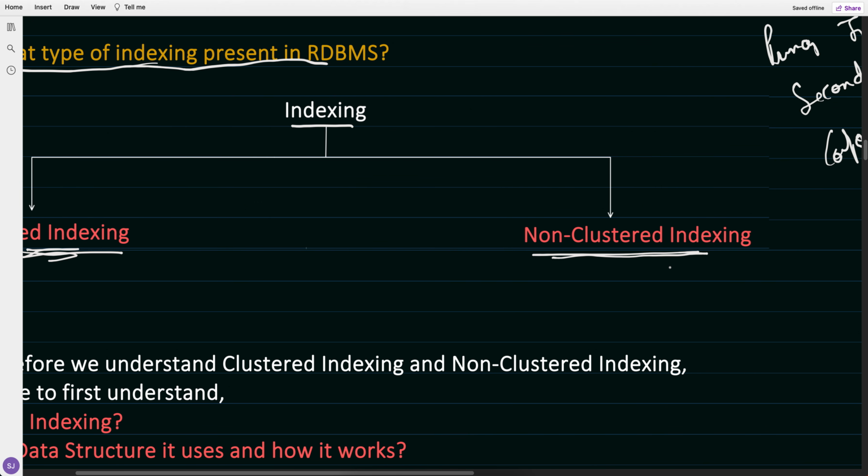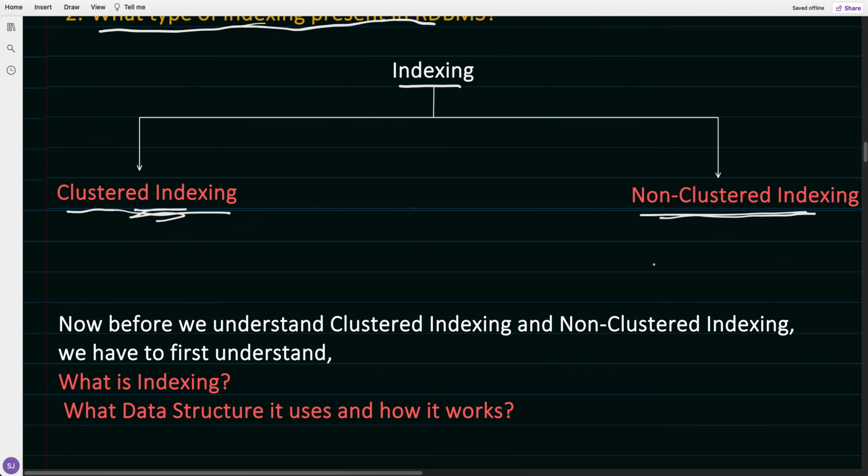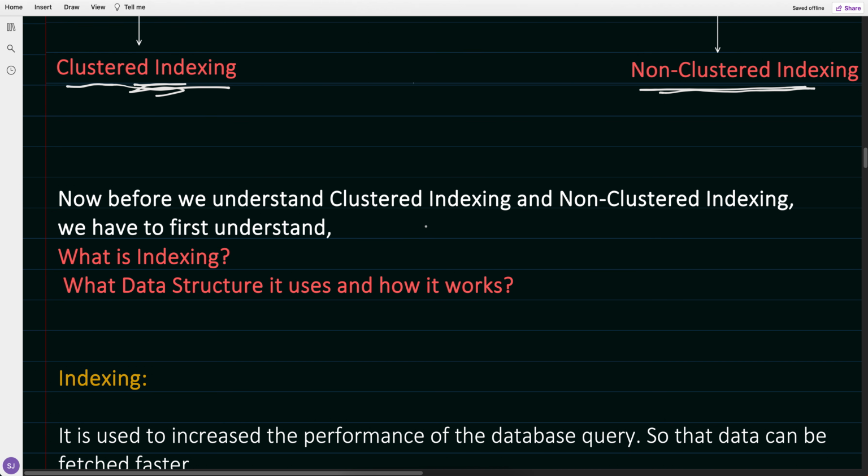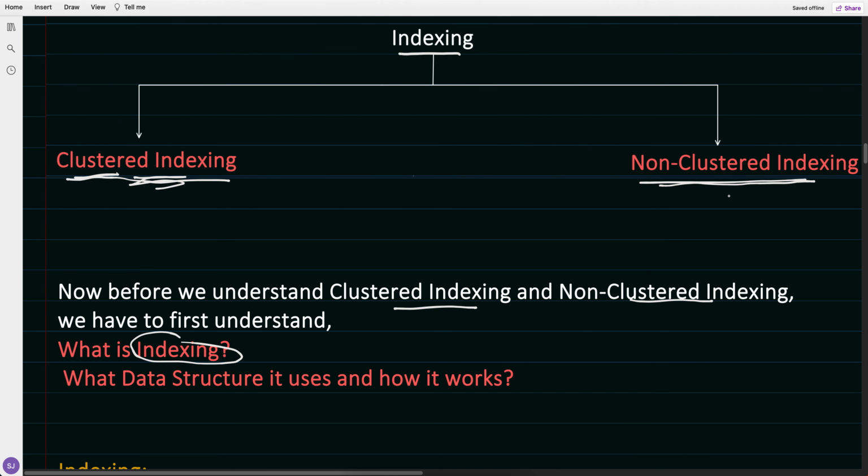non-clustered indexing. So forget about that for now. Before we understand clustered and non-clustered indexing, first we have to understand what indexing is, what data structure is used for it, and how it works. Then we can come to clustered and non-clustered.